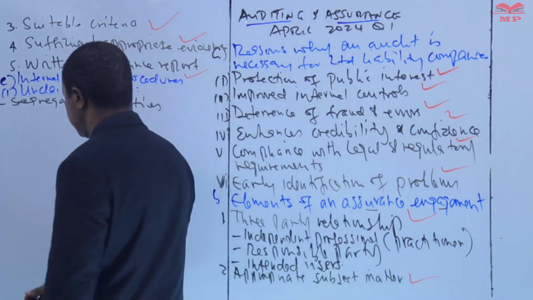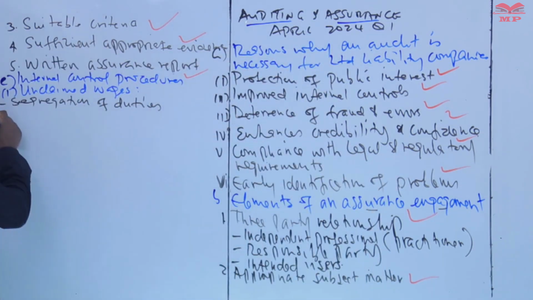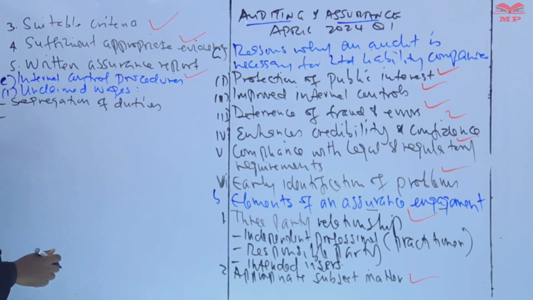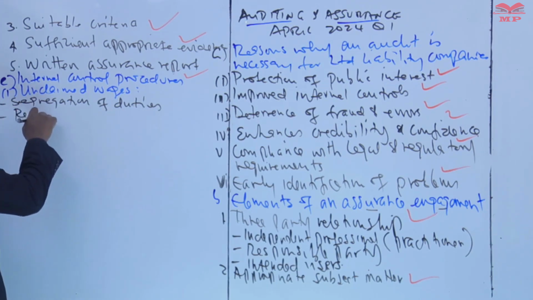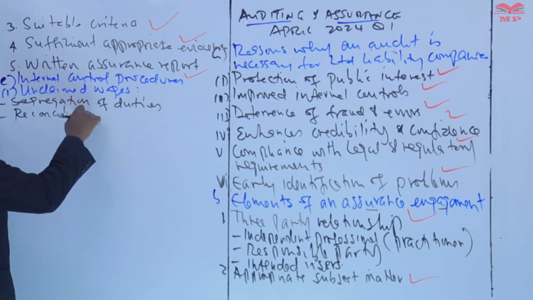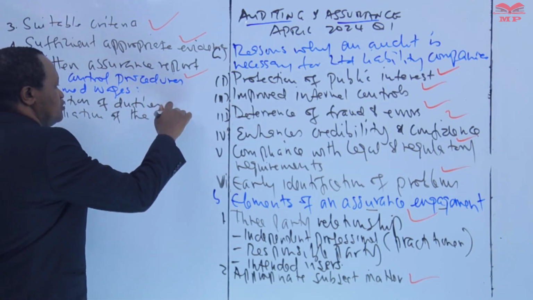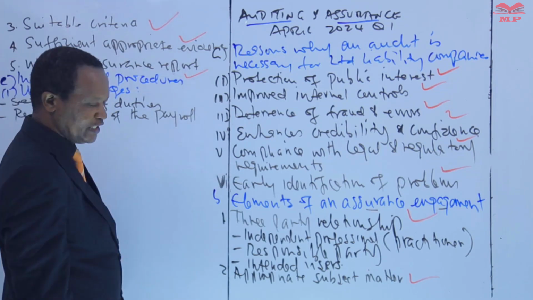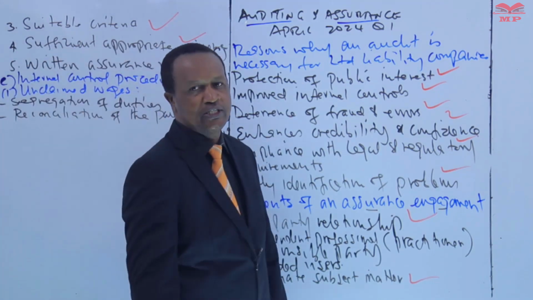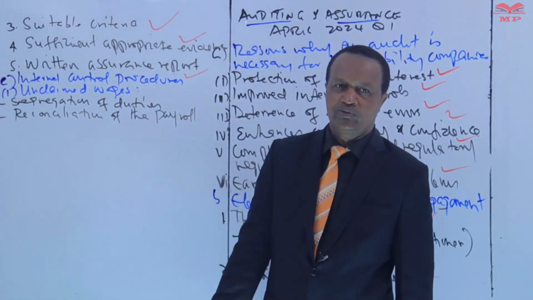Another obvious internal control procedure in relation to unclaimed wages is reconciliation of the payroll.